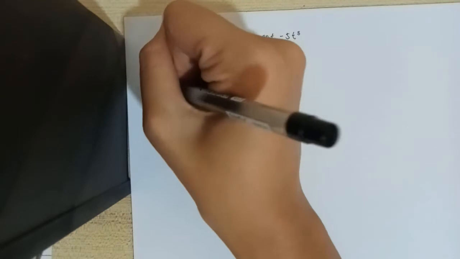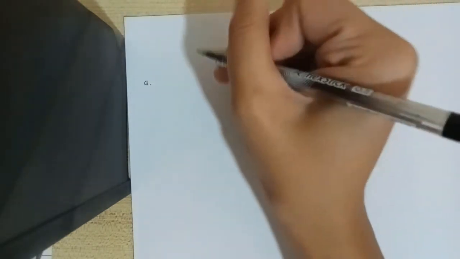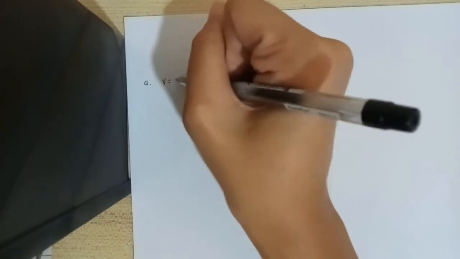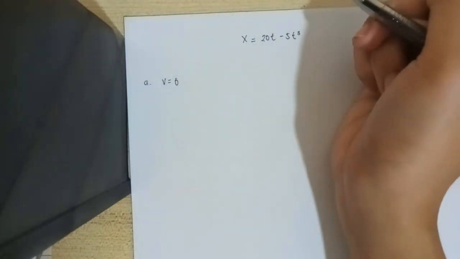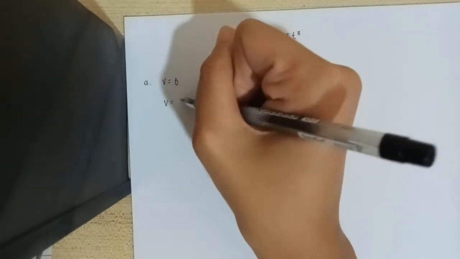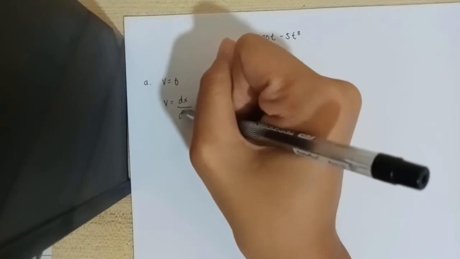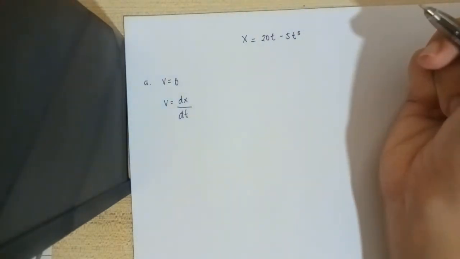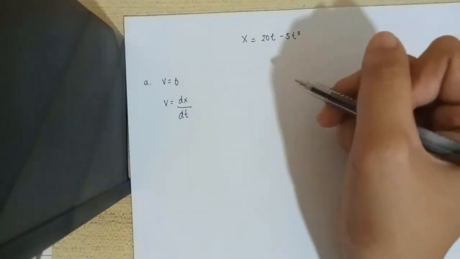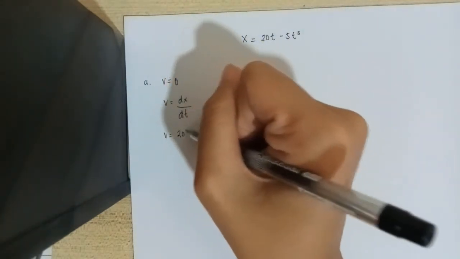So we have our given here, x is equal to 20t minus 5t cubed. So for letter A, when is the particle's velocity 0, meaning our v is equal to 0. Going back to the definition, velocity is equal to the derivative of x over the derivative of t.